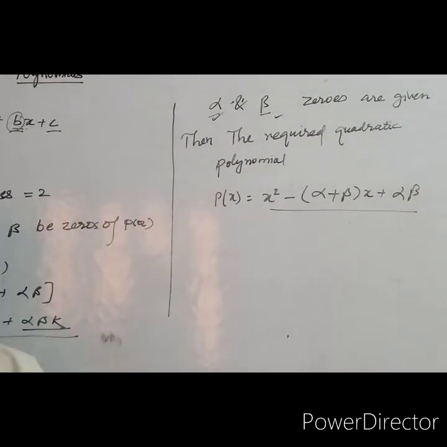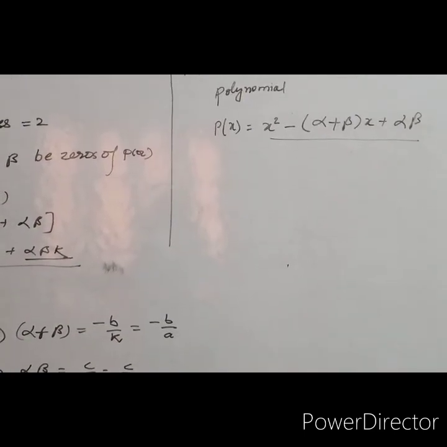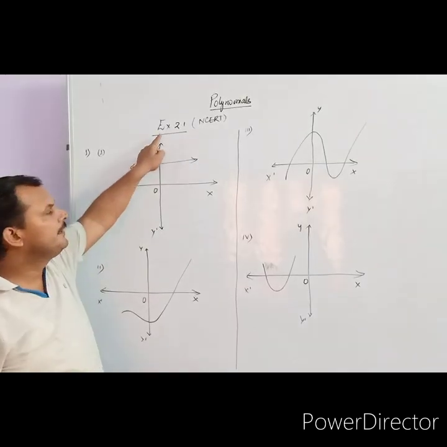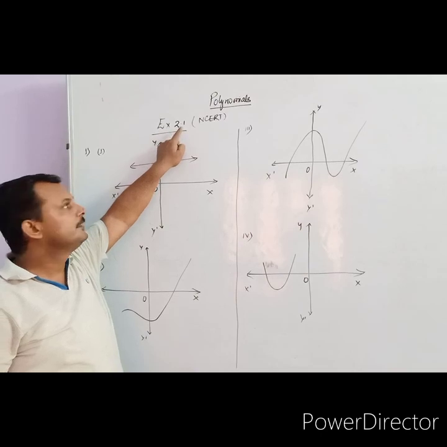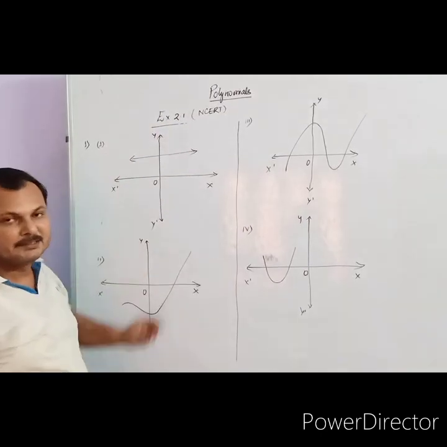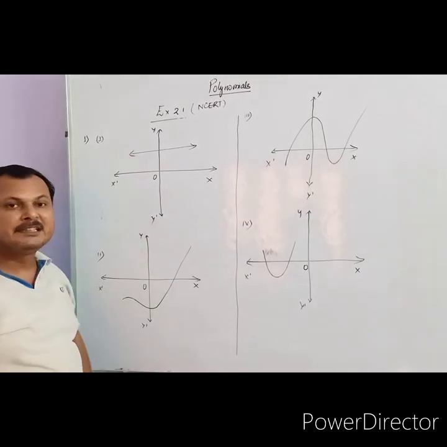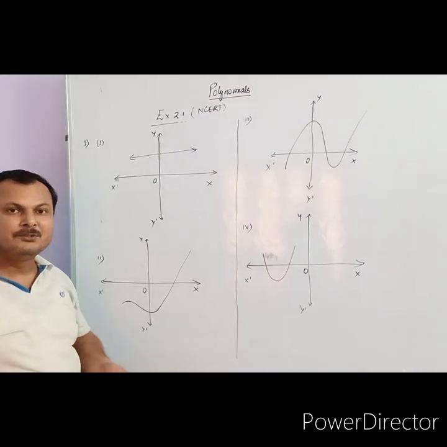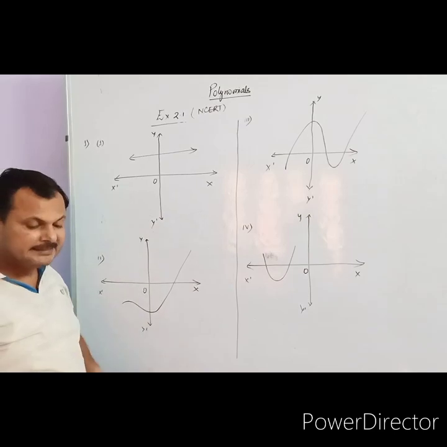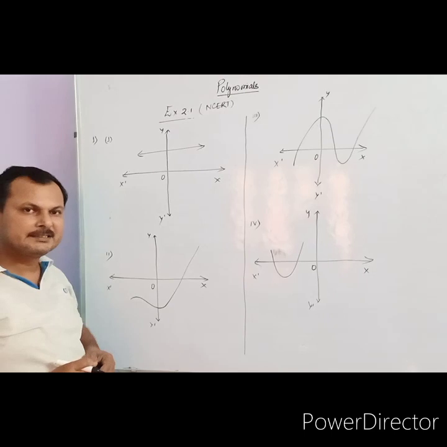So now we are going to solve exercise 2.1 of NCERT, very easy. You can understand it easily. Question 1 is the only question given; it has 6 parts and is completely based on graphs. Either you will get it xeroxed when you have time, otherwise you can draw it as given in the book in your graph notebook and then solve the question.